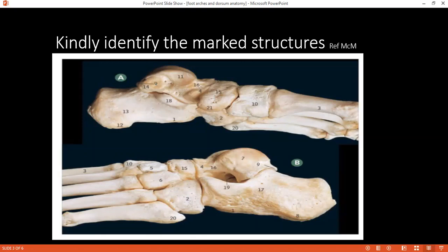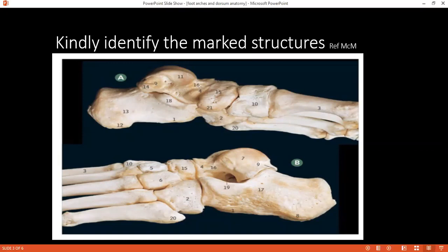Okay. Can you please tell me what is this in picture B? What is this 19? This is sinus tali, or talar sinus. What is the tarsal sinus? It's a sinus, or it's a.